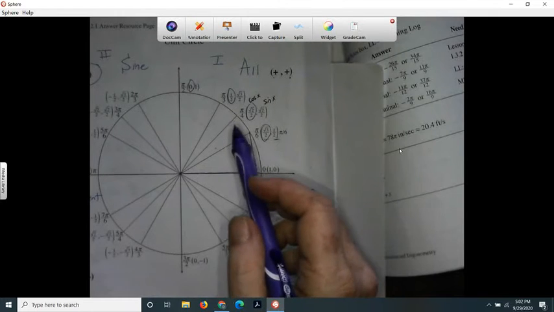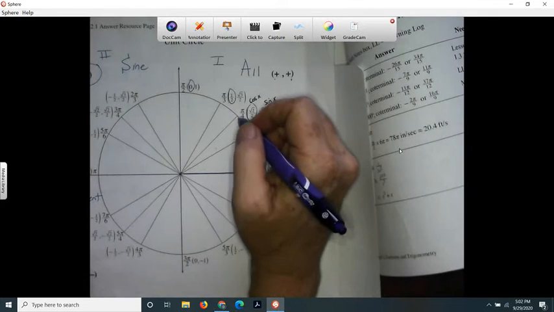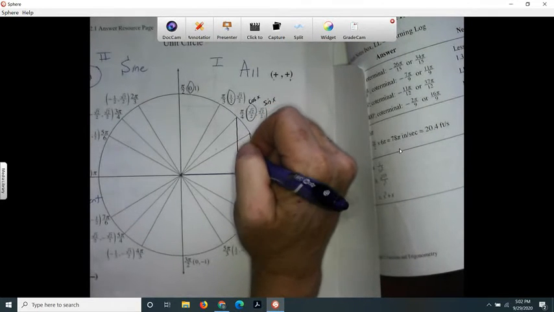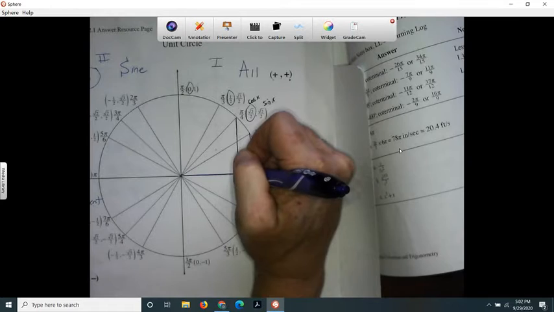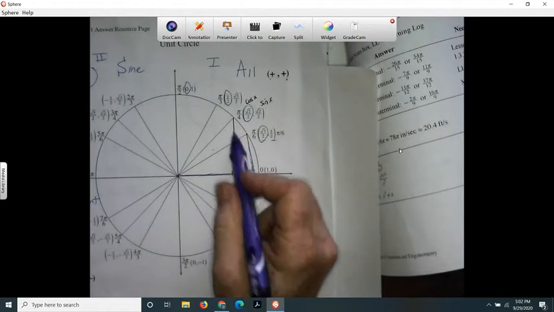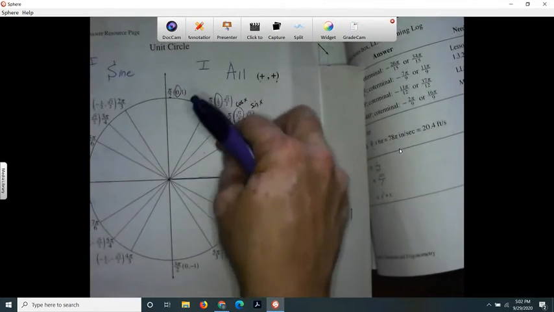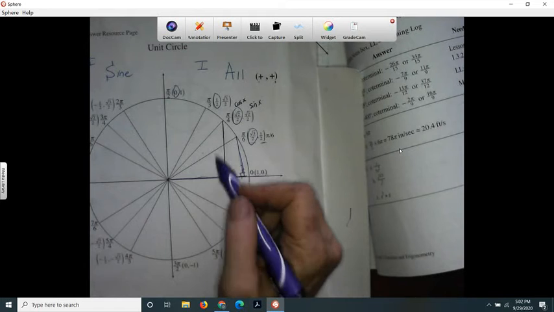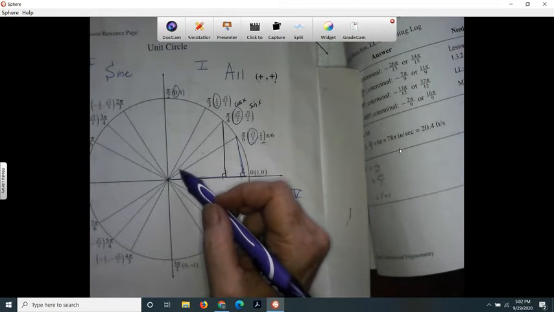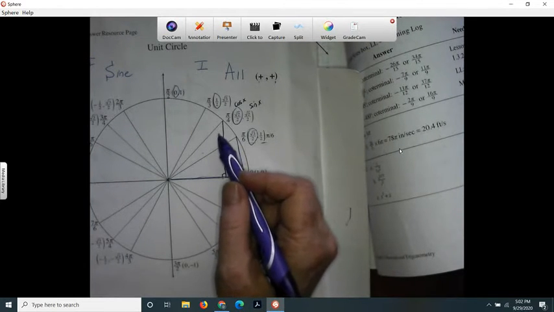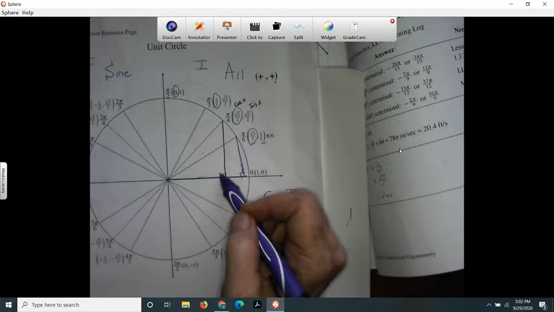And we've done some work with this where we actually used the triangle. Remember, this was the isosceles triangle, and we had little triangles and we fit them in there, and it was 45, 45, 90, or you can say it's pi over 4, pi over 4, pi over 2.